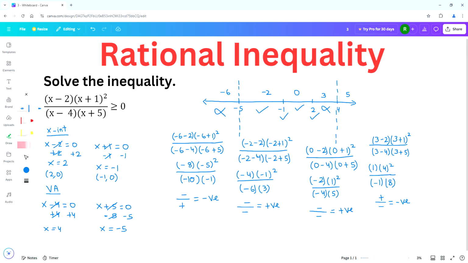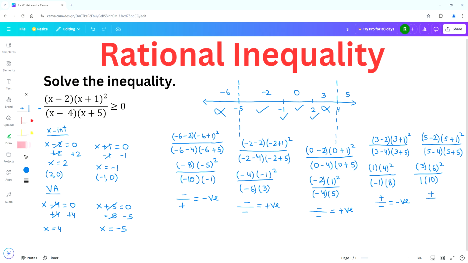Next, we can do the check for x equals 5. 6 square is equal to 36. 3 times 36 gives us a positive result.